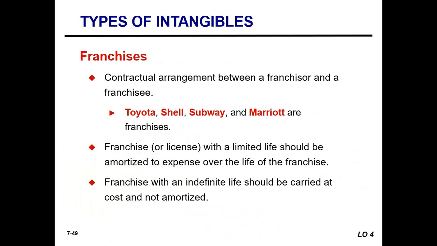But most franchises have an indefinite life, so they are carried at cost on our books until either they are impaired, no longer of value, or the life has an end in sight, and we can actually then amortize over that shorter period. Most often, franchises also come with an annual franchise fee, which is simply an expense and not part of an asset that we would set up as an intangible.